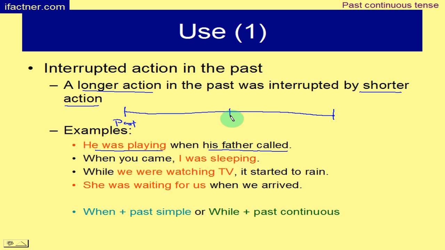Here we have got present, and here we have got future. Now we say that when a longer action in the past was interrupted by a shorter action. He was playing. Let's say that in the past he started playing over here and he continued playing over here.